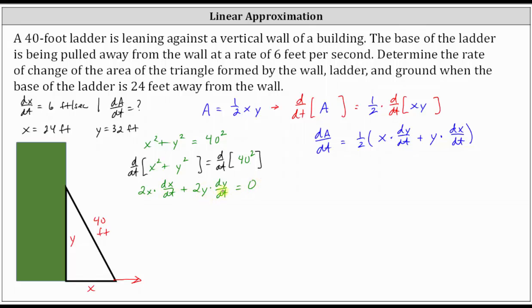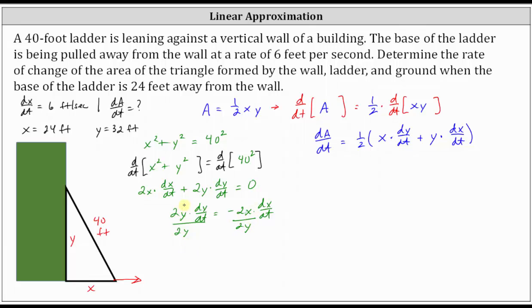And now we'll solve for dy/dt. We'll first subtract 2x dx/dt on both sides, which gives us 2y times dy/dt equals negative 2x times dx/dt. And then we'll divide both sides by 2y.